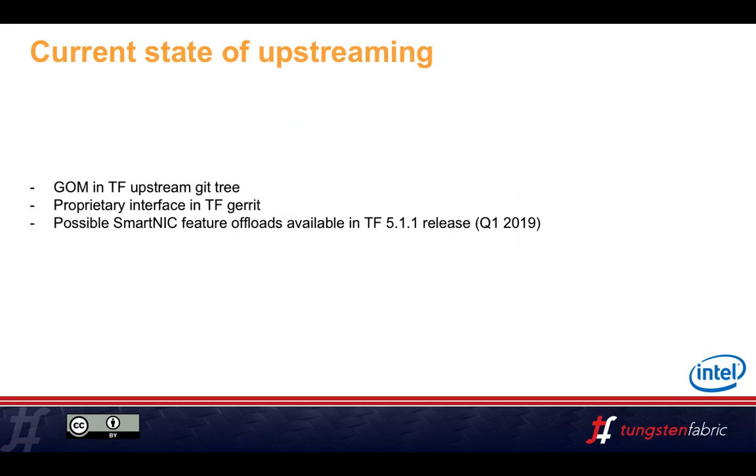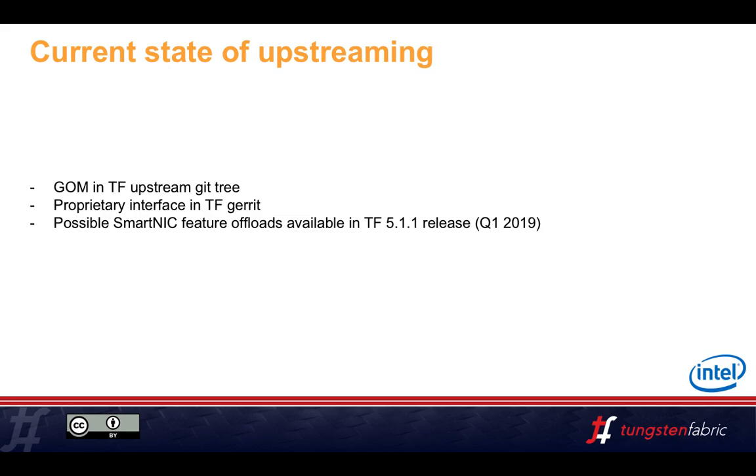The current state of upstreaming all this work is we have the generic offload module in the Tungsten Fabric upstream Git tree. We're about to do the 5.1 release. It hasn't happened yet. It's not in the 5.1 branch. We're looking to see if this can make it into this 5.1 release.